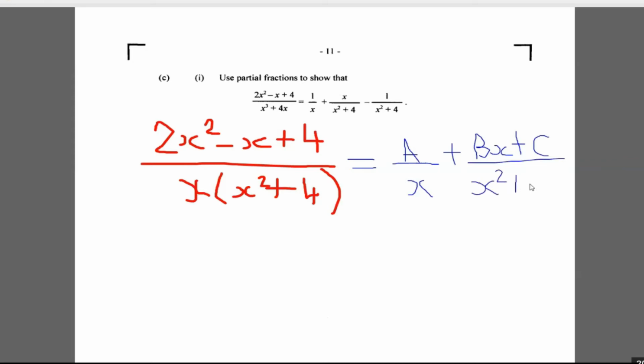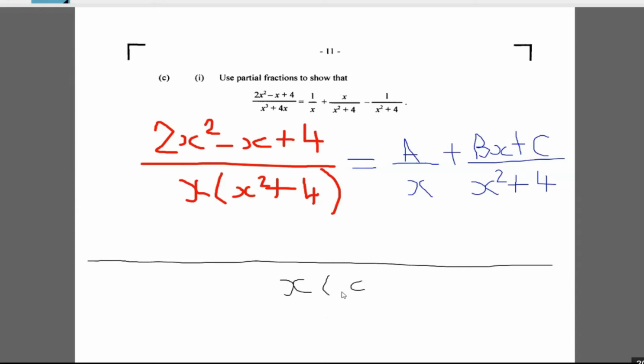Now when it gets to this stage, it's very easy. We just need the LCM. So find one big LCM of everything. One big LCM of everything is x times x squared plus 4.